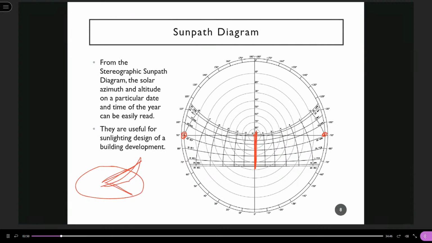So this solar time is the time referring to the local location of the sun. And the clock time is adjusted to the time zone of the location.